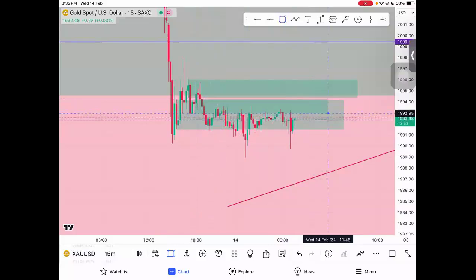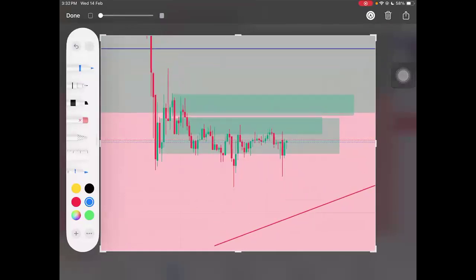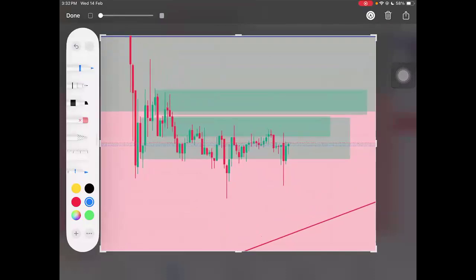For me, let's say the price makes an EF buy inside here, but does not have an EG buy, then I will not buy because this zone is still valid for sell.